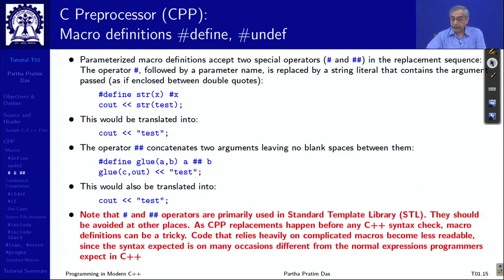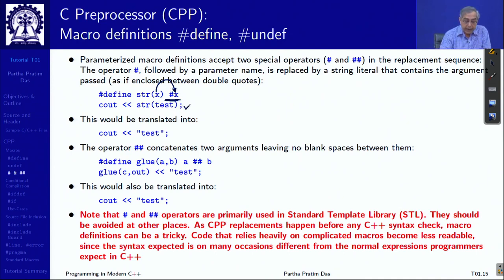Now, there is an interesting feature, the hash operator. It is like a macro with parameter, but what it does is, if I pass x and write hash x, then it will actually put the string that I have passed.